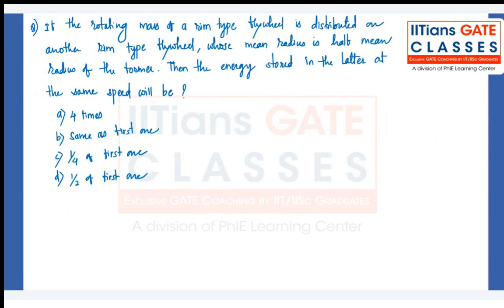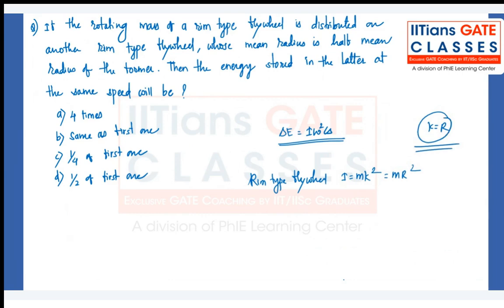Yeah, try to solve this one. Energy stored is delta E equal to I omega square Cs. This is one of the formulas. And one more point for the rim type flywheel: I is equal to m k square and k is equal to r, so it is m r square.